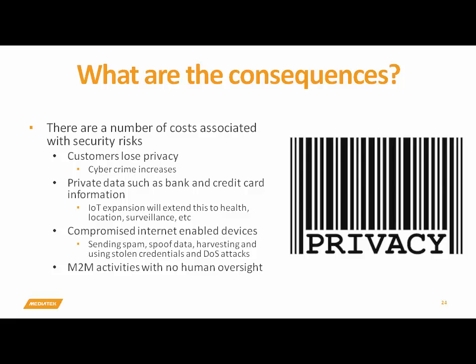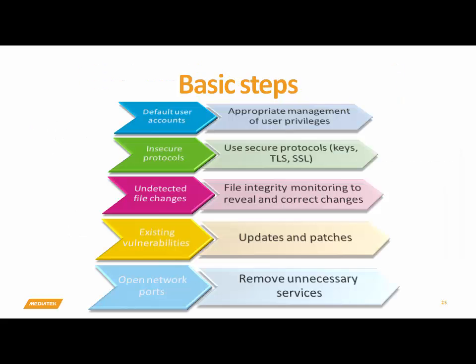So there are some basic steps. Look at default user accounts and manage user privileges appropriately. Don't use insecure protocols. Use things like keys, TLS or SSL. Be careful of undetected file changes.